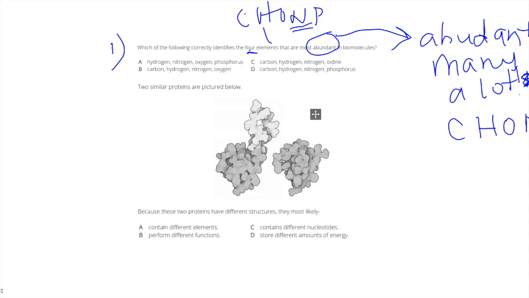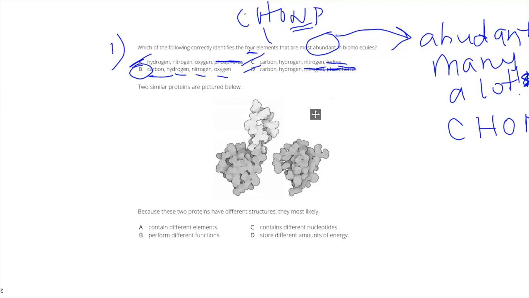So let's find our answer choice that has CHO and N in them. A adds phosphorus. That one's only found in 1, so it's not A. C has iodine. We don't care about iodine. D has carbon, hydrogen, nitrogen, phosphorus. They don't even have oxygen, which is one of the most abundant. And we have carbon, hydrogen, nitrogen, oxygen. CHNO, perfect. So your answer should be B.